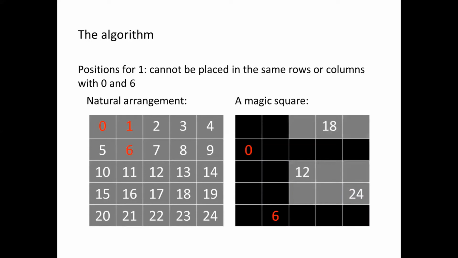Let's look at this example. I black out all the rows or columns determined by 0 and 6. And the other diagonal numbers 12, 18, and 24 I also labeled. Except these positions, 1 can be anywhere else.